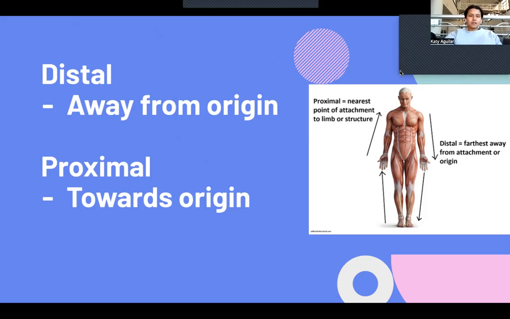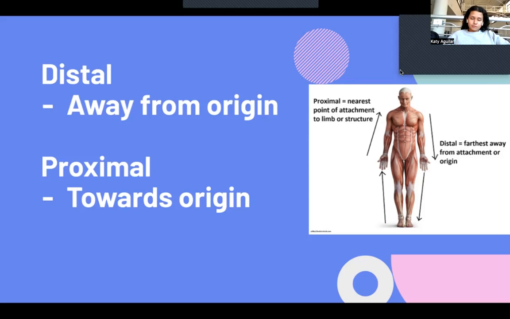Okay, so distal and proximal can be a little confusing, but basically this becomes very important with palpations in the clinic. If you're going to palpate a muscle, you'll learn in musculoskeletal anatomy, palpating different muscles, you want to do something distally or proximally. Distal is just away from the origin, and proximal is towards the origin of that muscle.